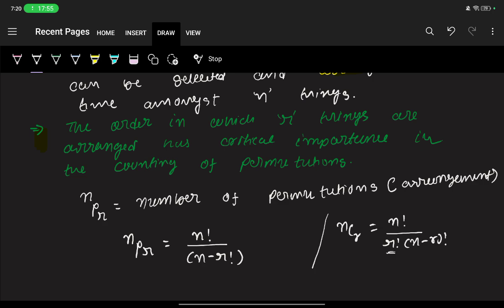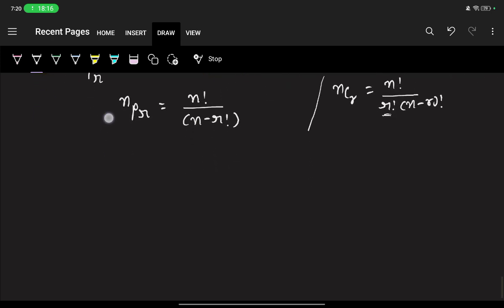For example, making people sit, putting letters in envelopes, finishing order in a horse race, etc. Where arrangement matters, right? You'll understand this when we discuss the examples.